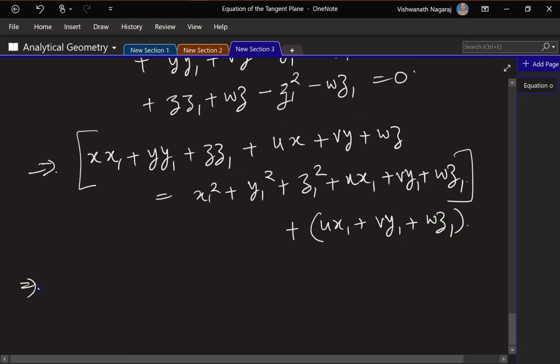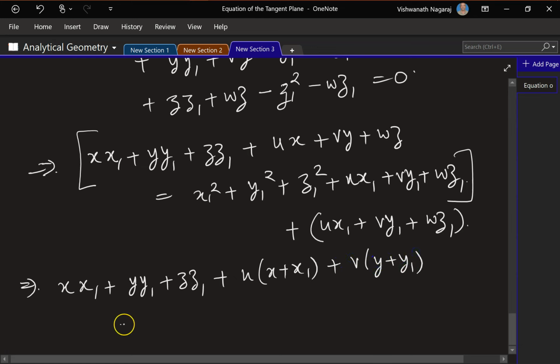Let's see what happens. x x1 plus y y1 plus z z1 plus ux and ux1. So u is common: u(x plus x1) plus v(y plus y1) plus w(z plus z1).